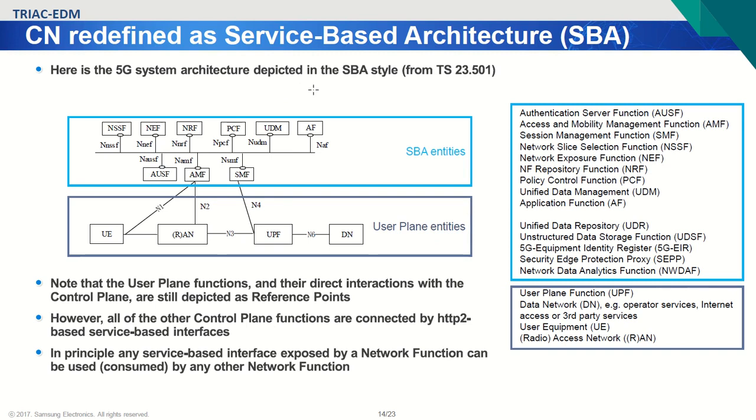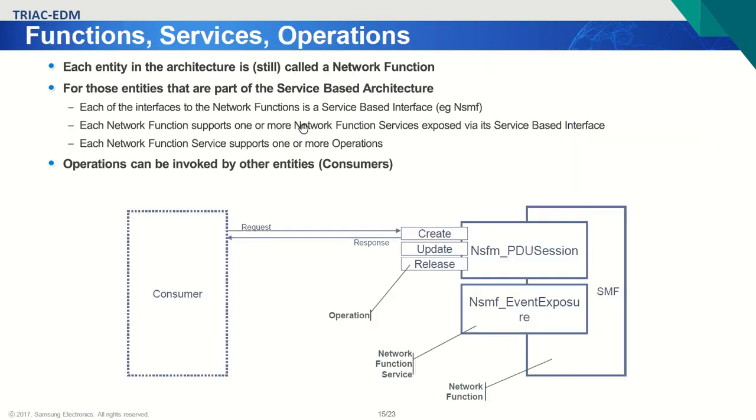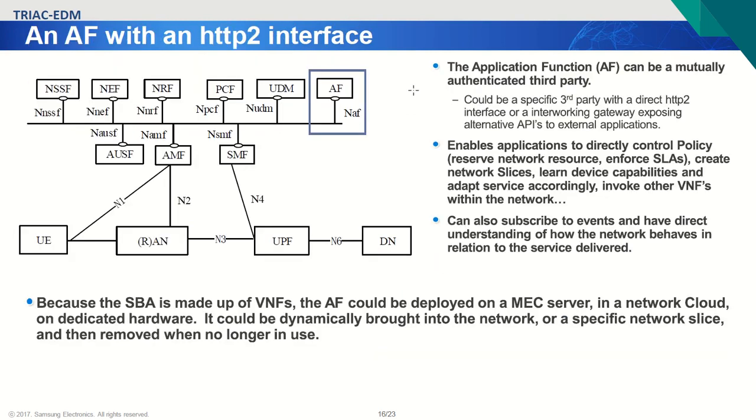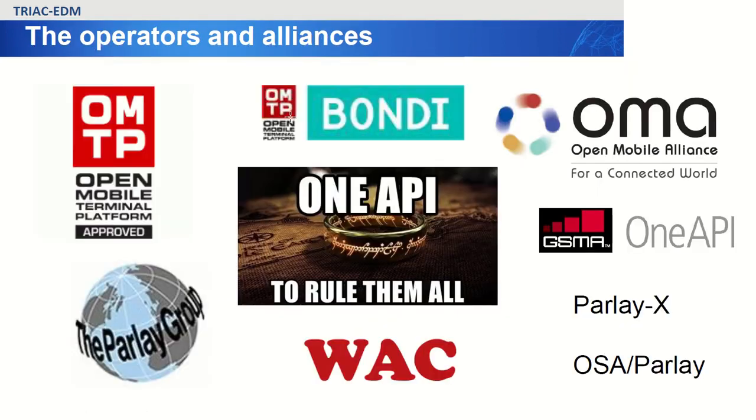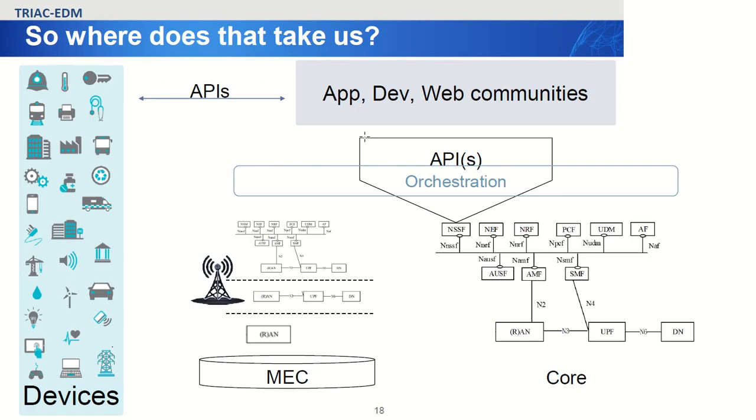Okay, and then the CN we define as a service-based architecture, and functions, services, and operations. So each entity in the architecture is called a network function. We'll skip some of the technical description.